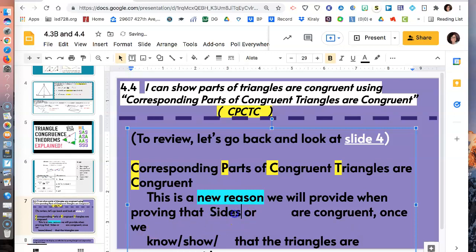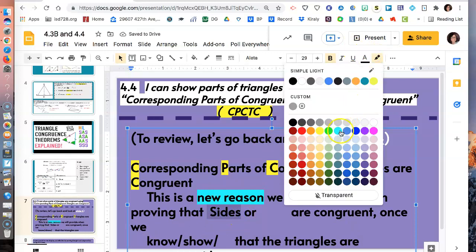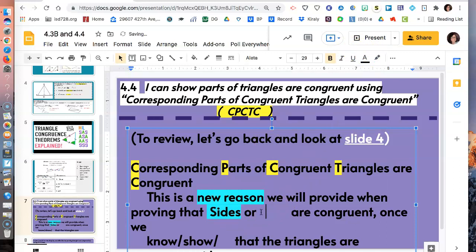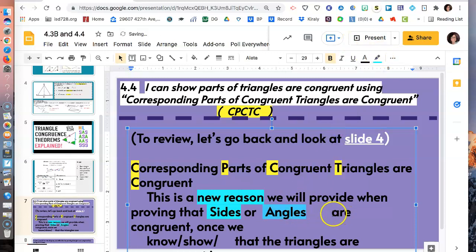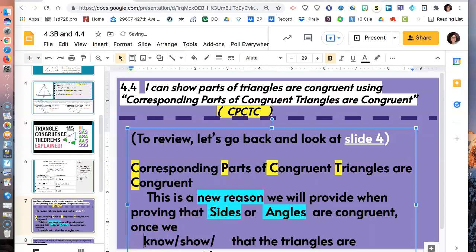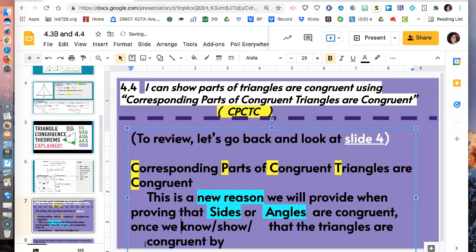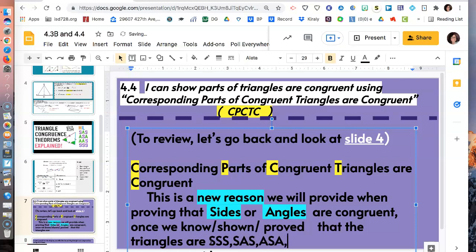sides, I'm going to highlight that, or angles are congruent once we know or have shown or have proved that the triangles are congruent by, here they are again, SSS, SAS, ASA, AAS.